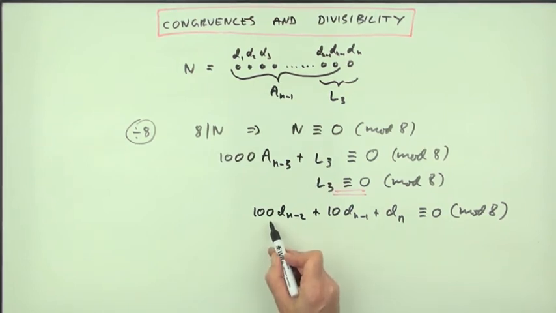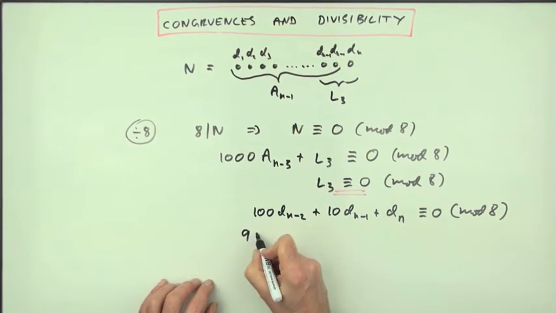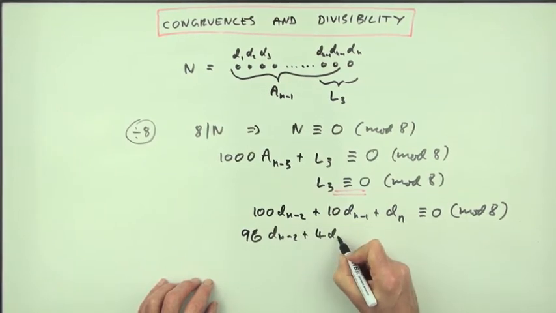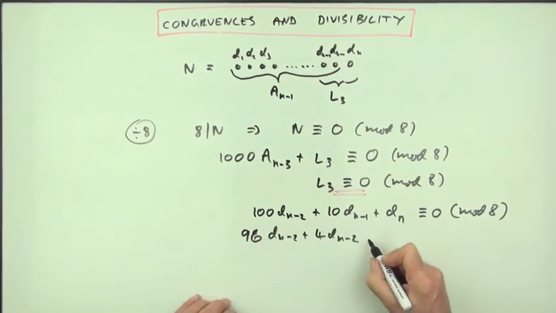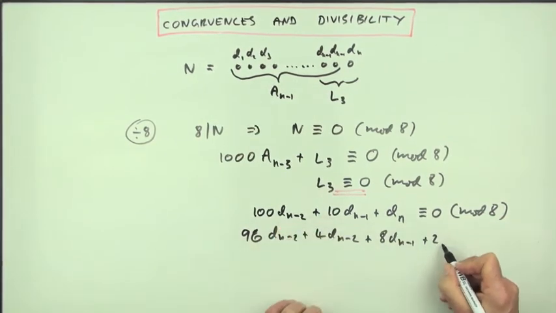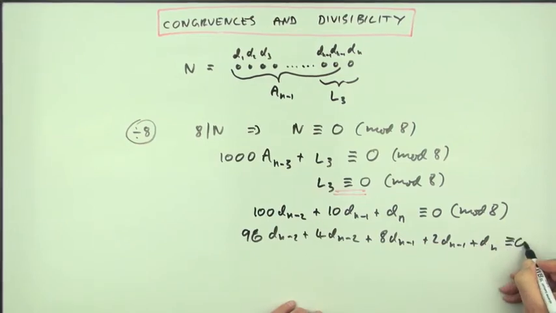I'd have to split that into multiples of 8, so that would have to split into 96 lots of dn minus 2 plus 4 lots of dn minus 2, then that disappears. I'd split that into 8 lots of dn minus 1 plus 2 lots of dn minus 1, so that disappears, plus dn being congruent to 0 mod 8.